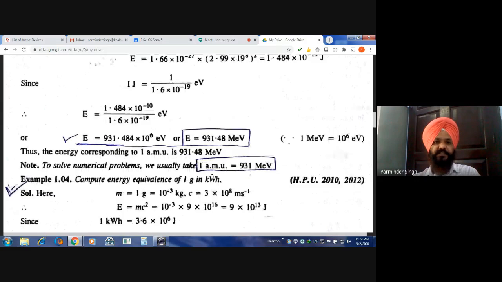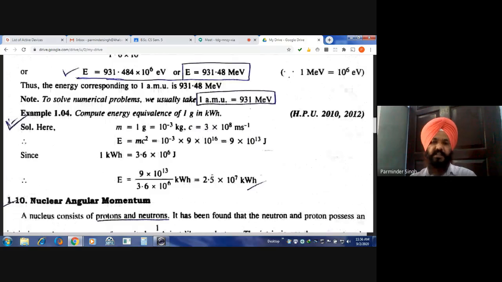So next is a numerical. Calculate the energy equivalence of 1 gram in kilowatt hour. So mass m here is 1 gram. 1 gram is equal to 10 raised to power minus 3 kilogram. And c, the velocity of light, is 3 into 10 raised to power 8 meter per second.